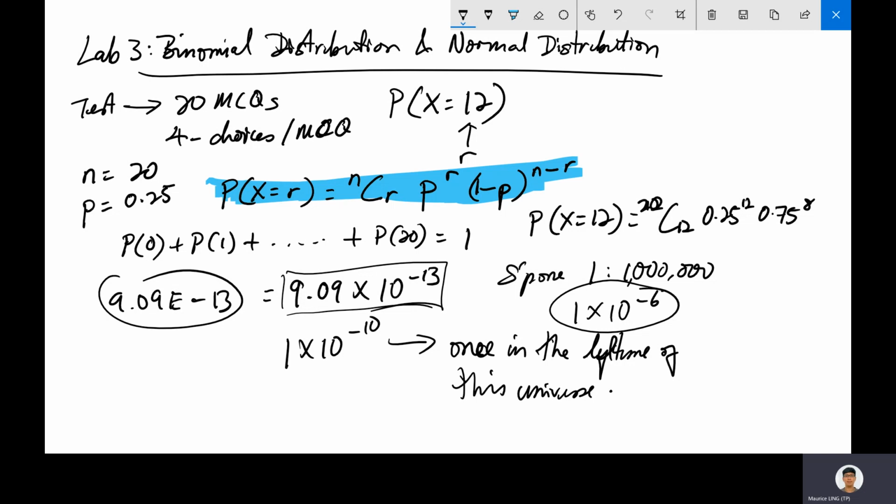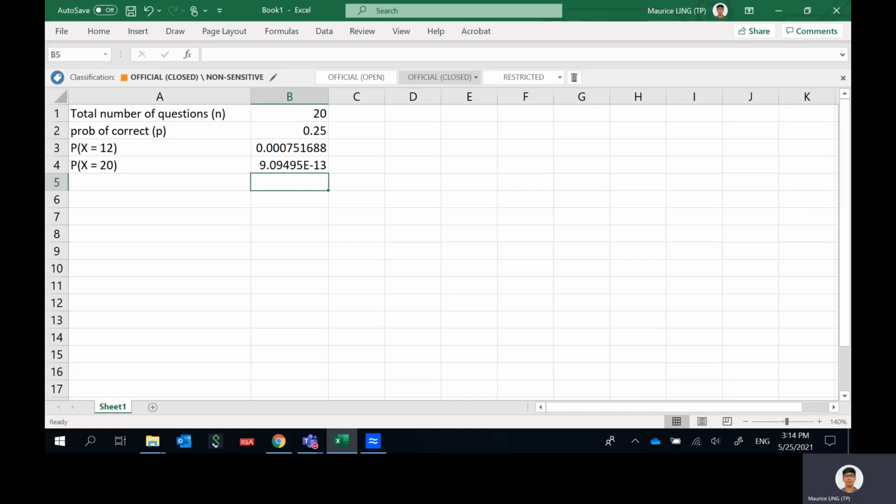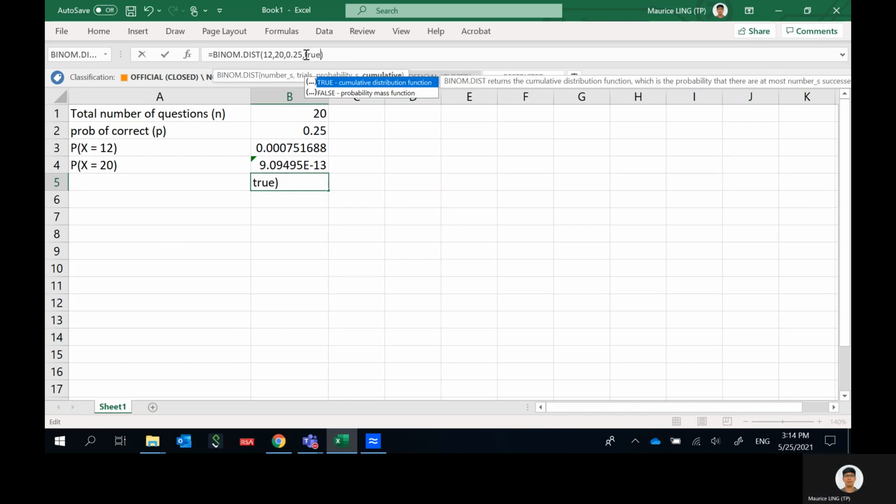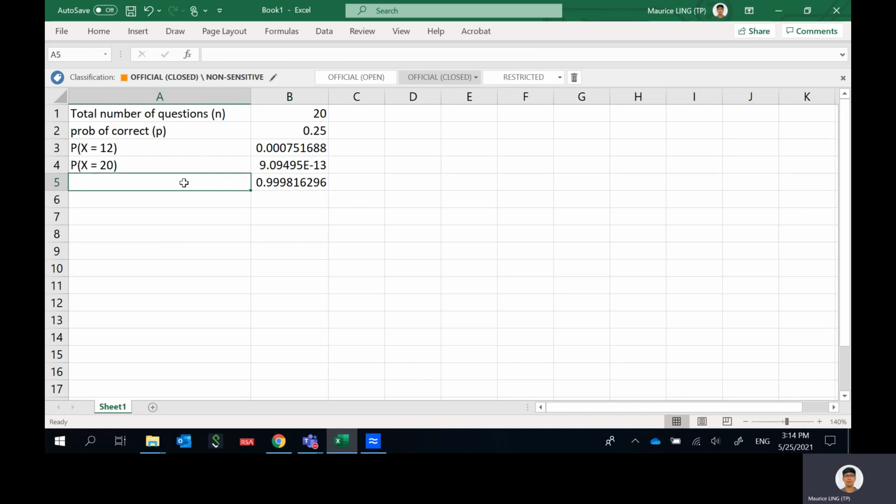So anyway, let's look at this question by itself. When you take this and you say that the back end is true, you change the false into true. This means the probability of getting less than 13 marks, that means including 12 marks.